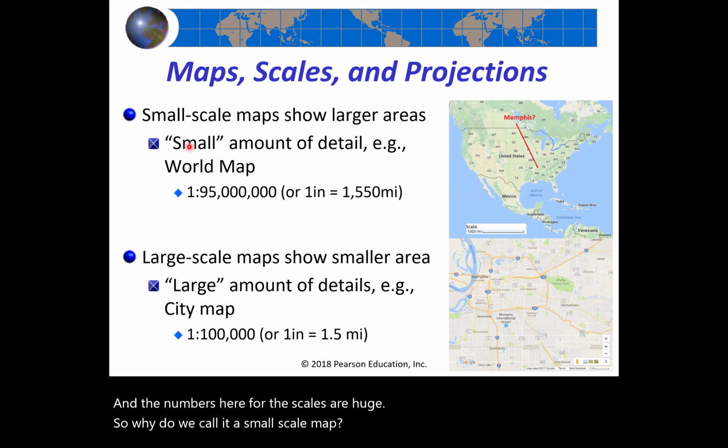Because it shows a small amount of detail. The map to the right, try to point out where you live. I mean, we could sort of pick out Memphis, the bottom left corner, southwest corner of Tennessee, but that's about it.